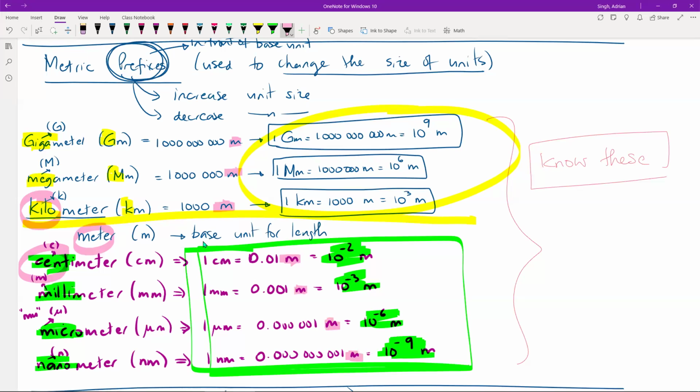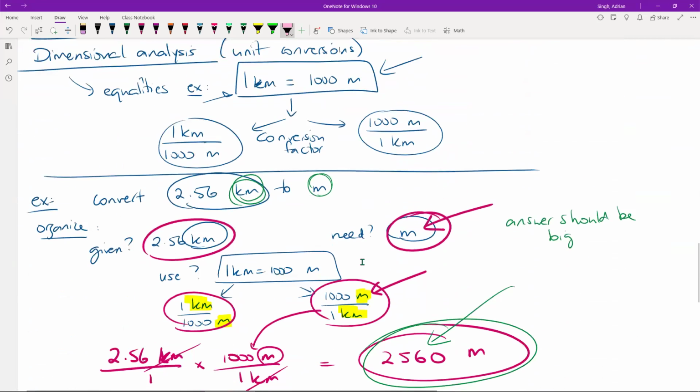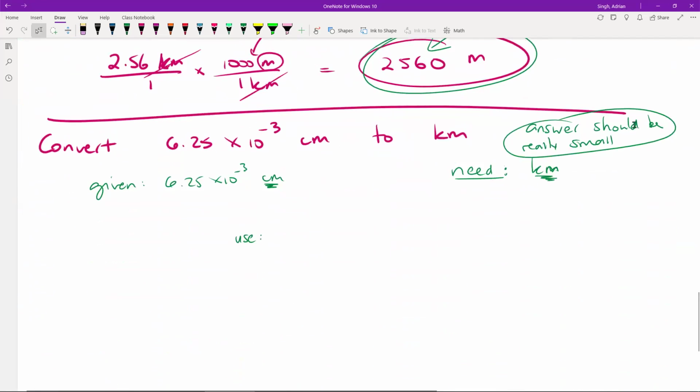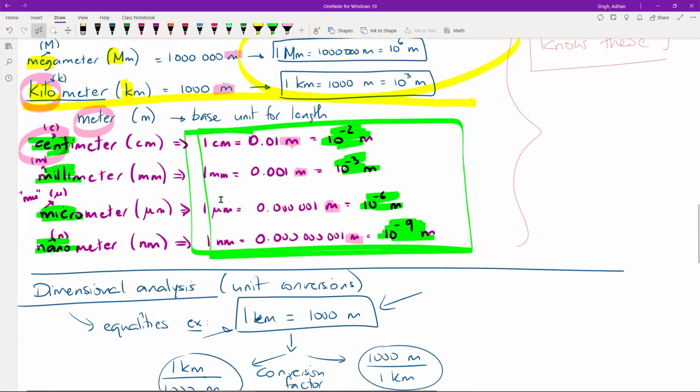So even though I may not be able to go from centi to kilo in one step, what I should be able to do is to go from centimeter to meter first, then meter to kilometers, right?